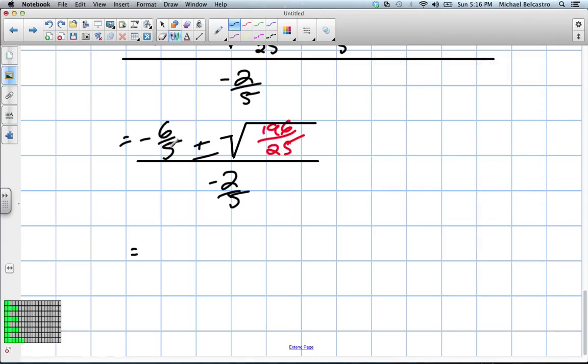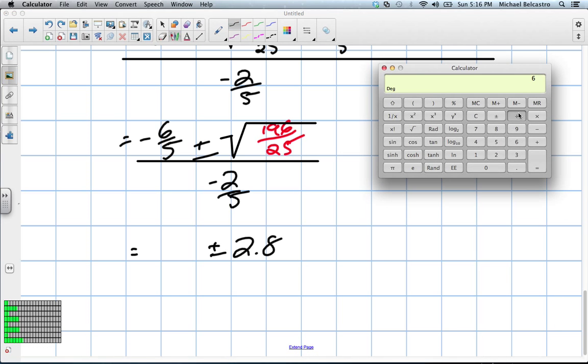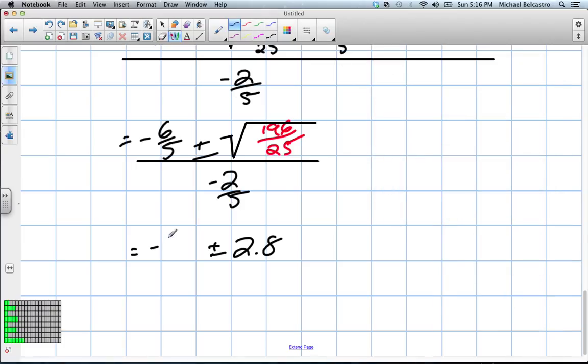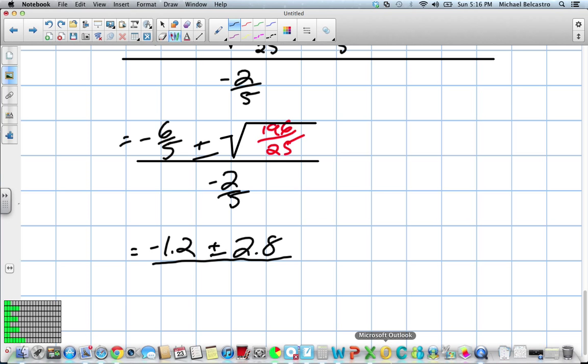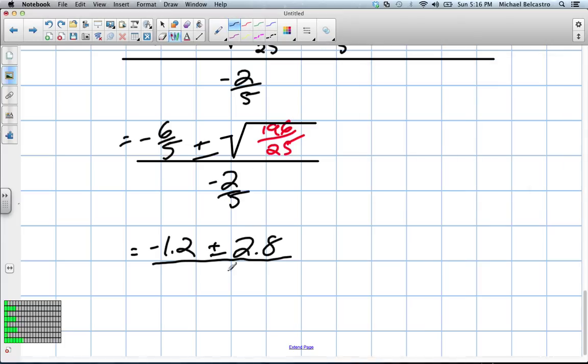We can make all the fractions decimals now if we want. We're at plus or minus 2.8. We'll put these all into actual decimal numbers, so it might be a little easier for you to work with. 6 divided by 5 is 1.2, so negative 1.2. And finally, 2 over 5 should give us 0.4, so negative 0.4.